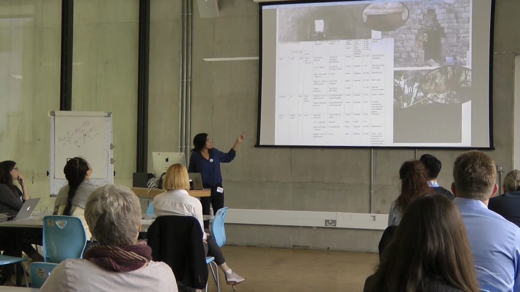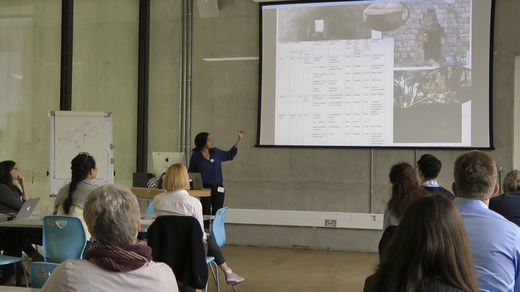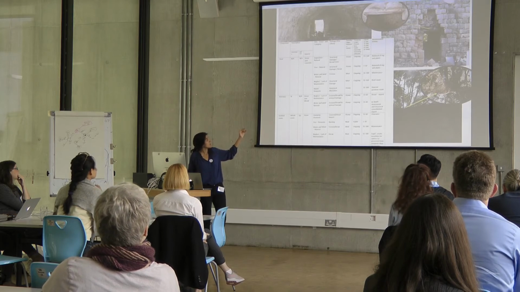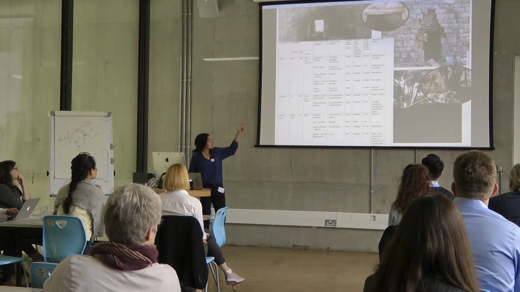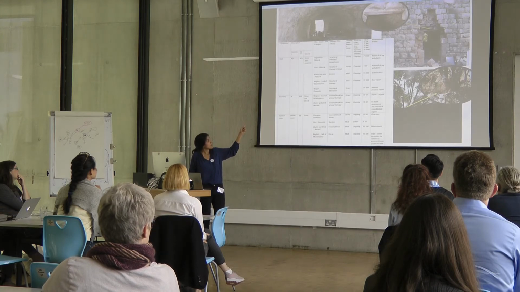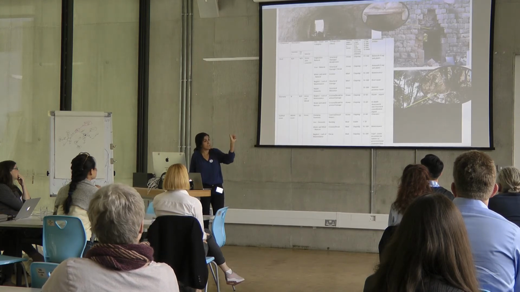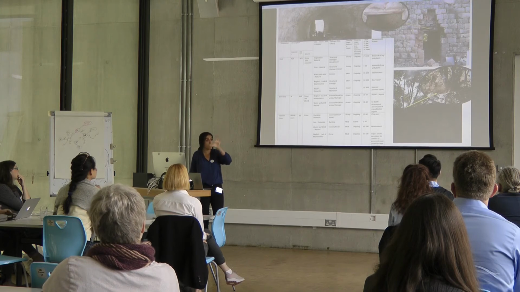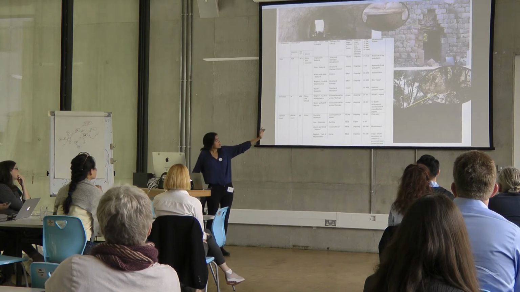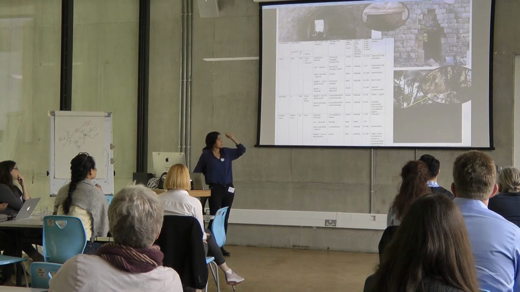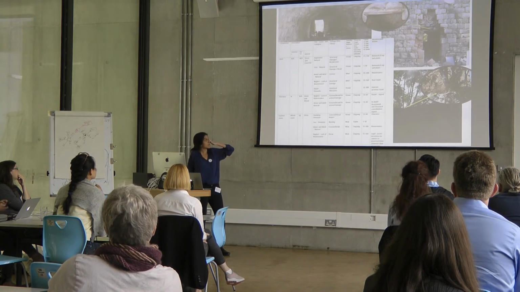But with the more detailed assessment, we wanted also to be able to say what is the severity of each damage that we record, and what is the extent, how much of the area that we're assessing is affected by that damage. This is an example of an old house in Batroun, in North Lebanon.